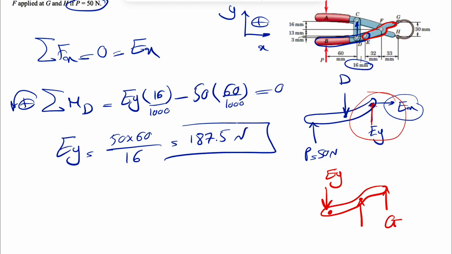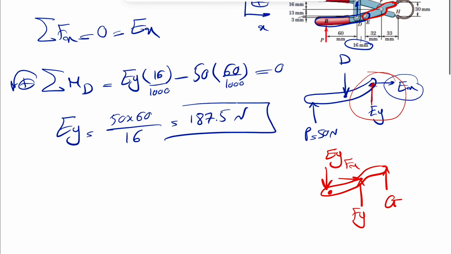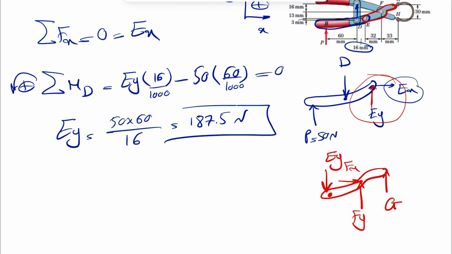And you might ask again, since we have a pin at F, we should have two. You're correct, we're going to consider two. But same as the previous step, if we only have one x component, we can do the sum of all forces in x. I'm showing these in different colors, and we can apply our equilibrium equations for each single member that we are considering in these machines.